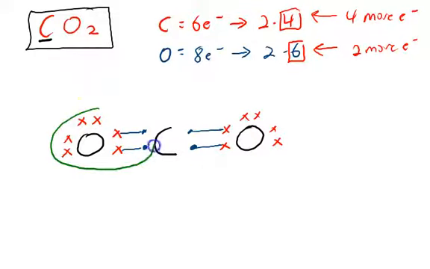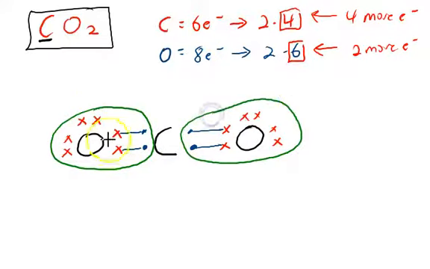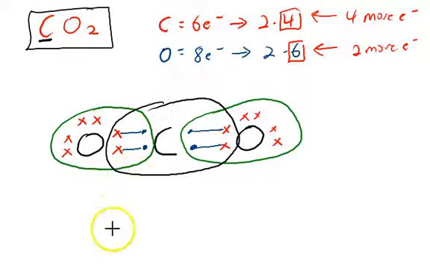Oxygen is getting 8 electrons, and carbon is also getting 8 electrons. So they form a double bond on both sides. This is the explanation.